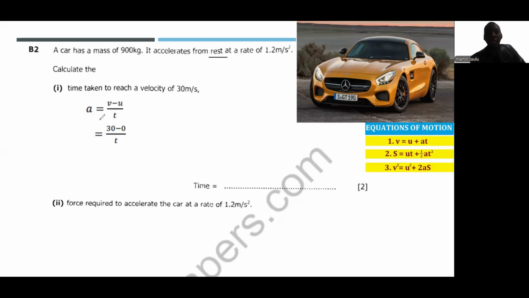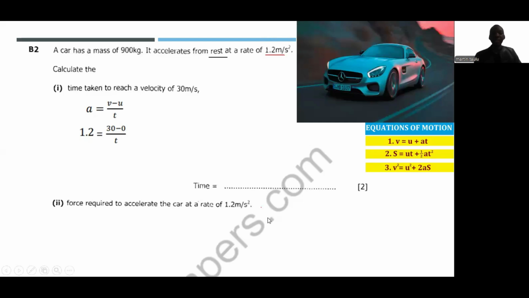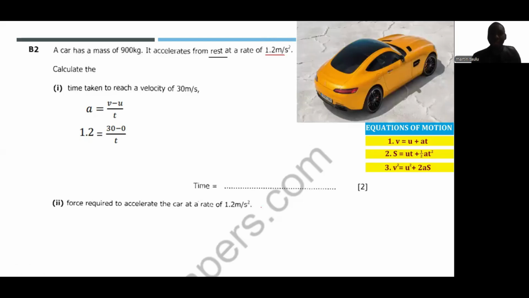We have the acceleration already given in the question. As you can see there, 1.2 meters per second squared is the acceleration. So that has already been given. All right, so we just replace that figure.